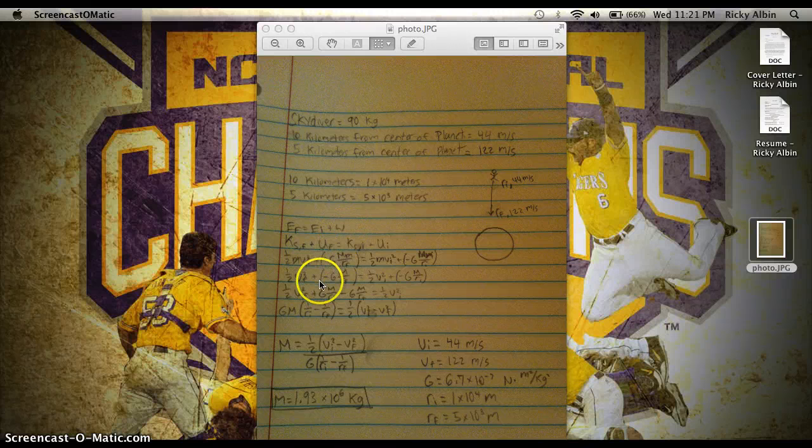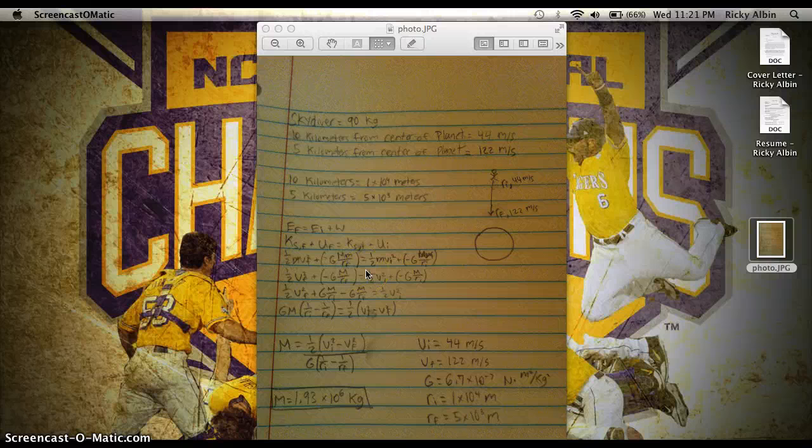So that leaves us with the kinetic of the skydiver final plus potential gravity final equals the kinetic for the skydiver initial plus potential gravity initial. And from there, pretty much just filling in kinetic energy here and gravitational potential energy here, and from here on out I'm pretty much just doing algebra.